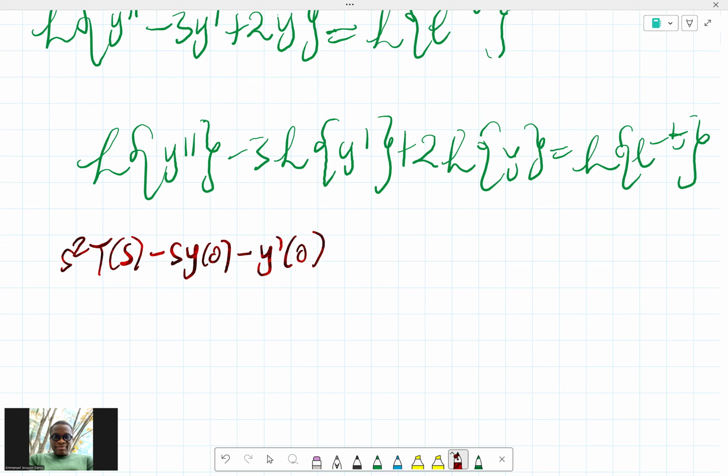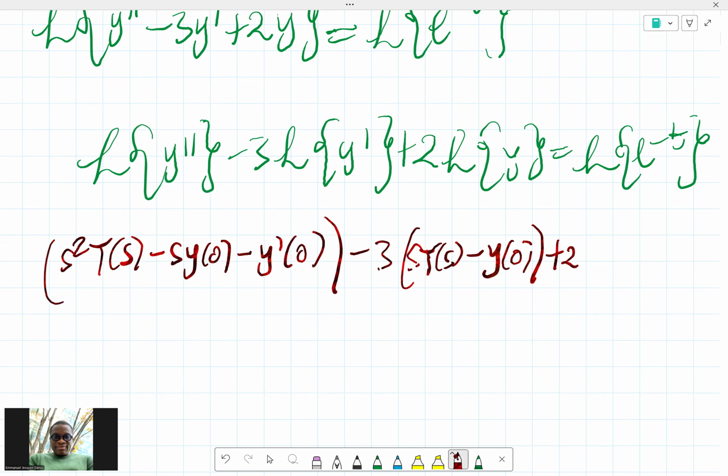Okay, so it's minus all the way there. Then minus 3 into the Laplace of y prime again, because it's order 1, so we have s y of s, then minus y of 0 directly, no s anymore. And then for the last one, we have 2, then this is just y of s. So that's 2 into y of s.